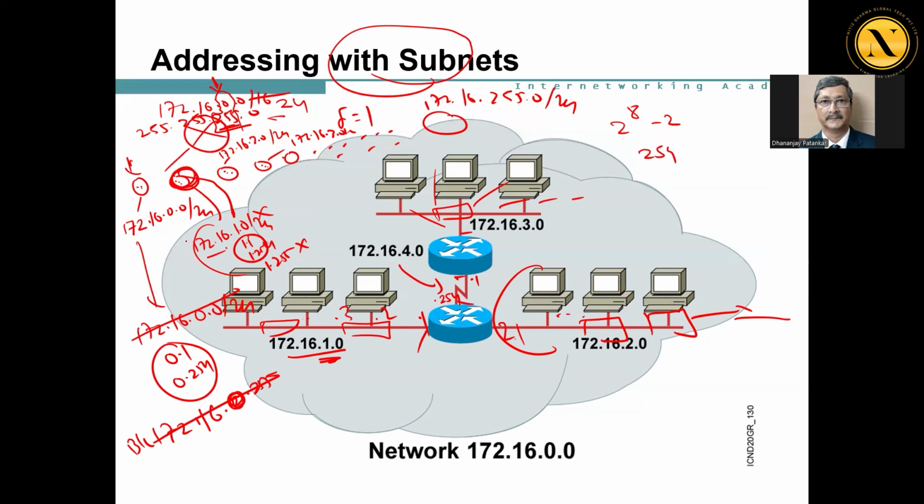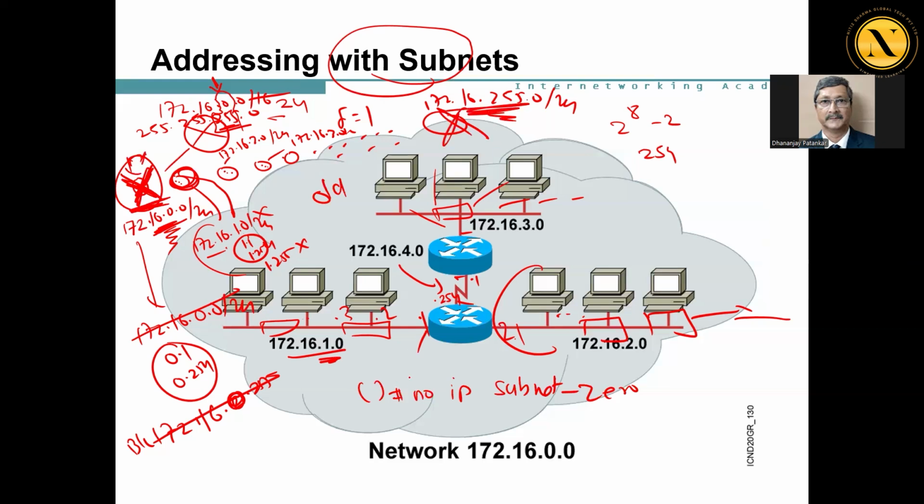So they have not used the first one, see 0.1, 0.2, 0.3, because this is a very old slide, right? In the olden days on the router there used to be a command, no ip subnet-zero, which means what? The first subnet, Cisco used to say, don't use this first subnet, the zero subnet, and the last one, the broadcast subnet.